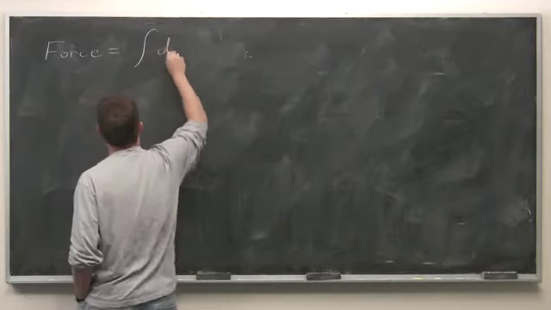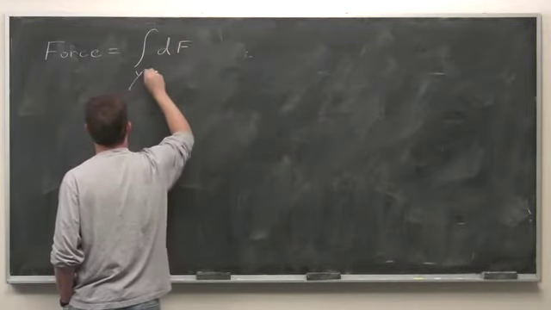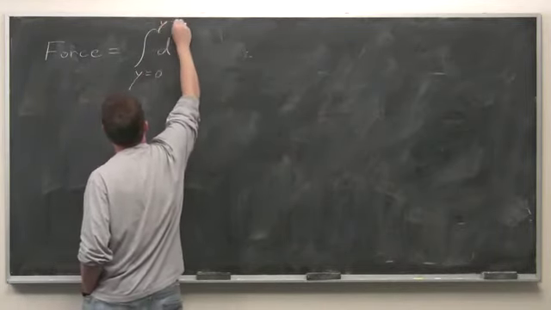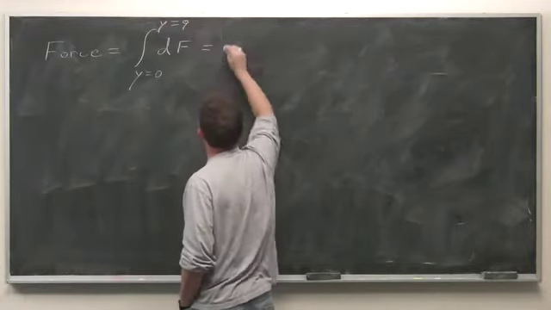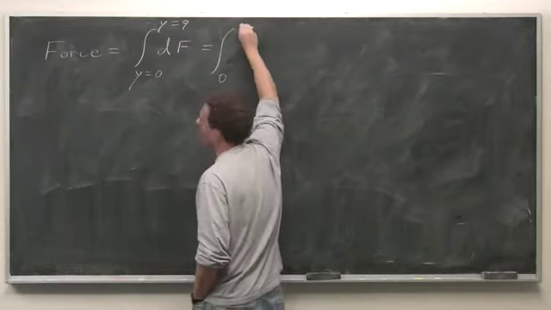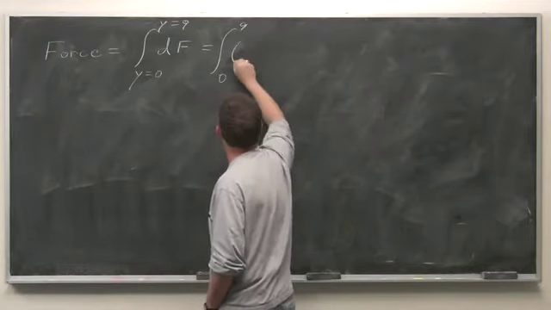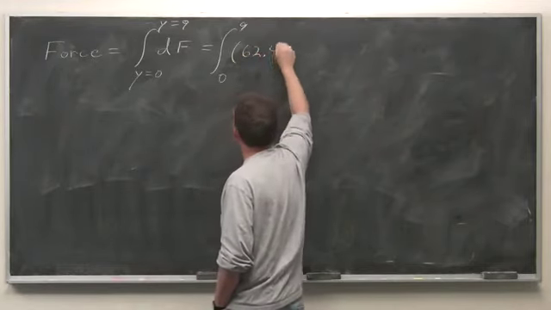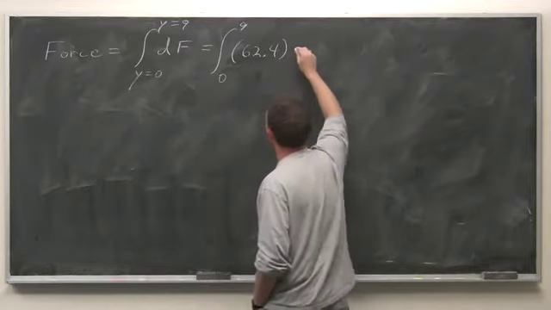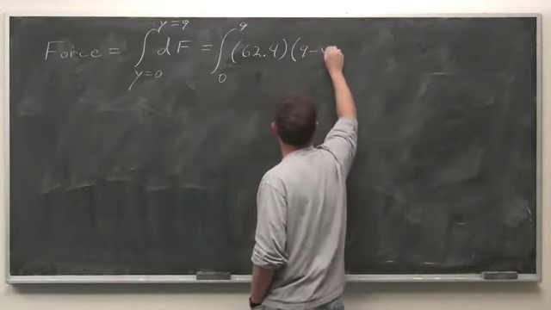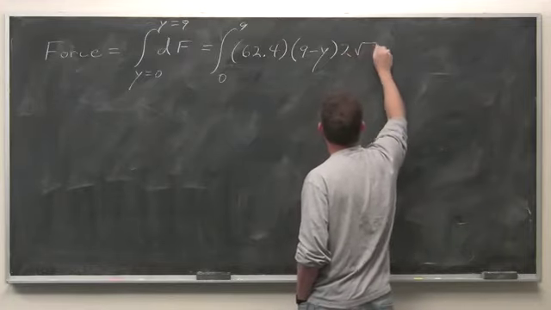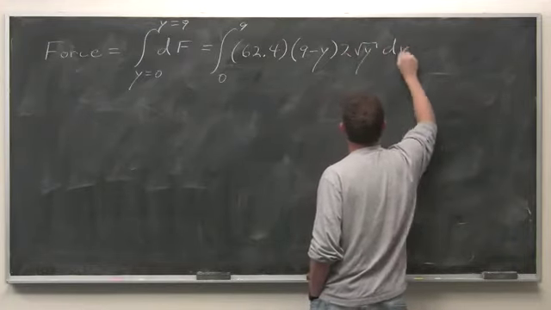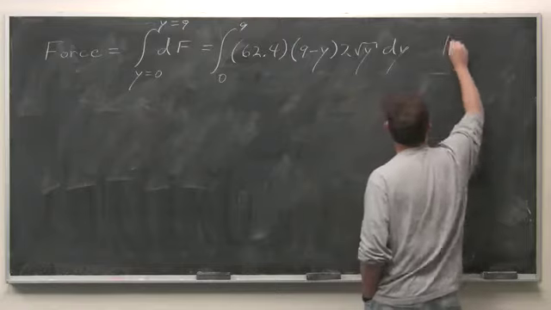You add up all the infinitesimal forces as y goes from 0 to 9. And we just said that that infinitesimal force is 62.4 times 9 minus y times 2 times the square root of y times dy. And this, of course, comes out in pounds.